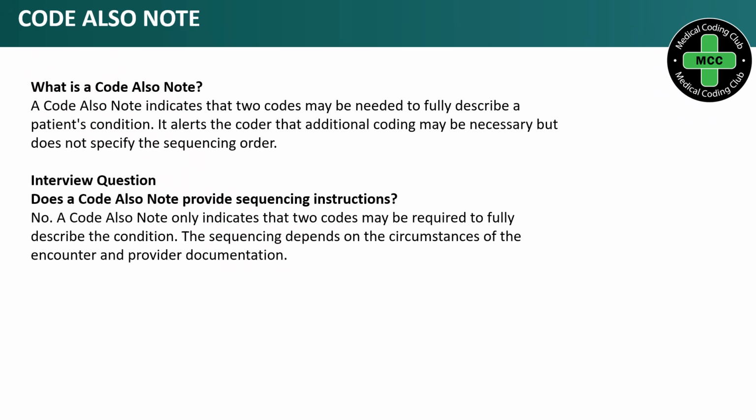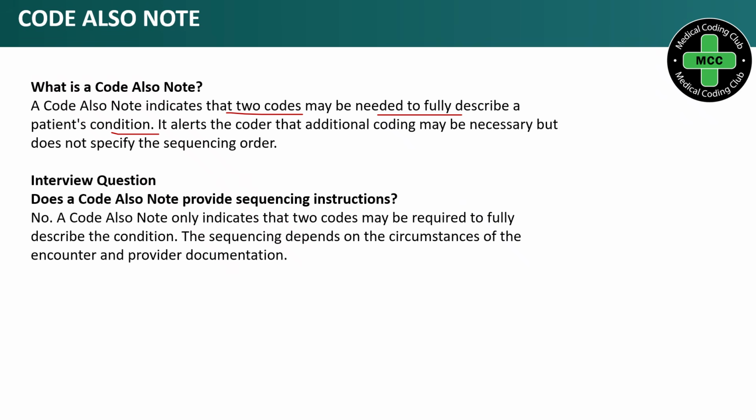And then the "code also" note. Code also indicates that two codes may be needed to fully describe the patient's condition. Sometimes when you are coding, you have some condition and the organism is missing, so to code that organism you may take another code, like "use additional".